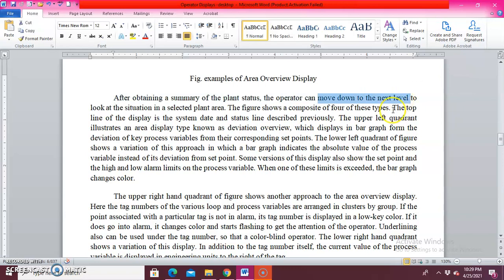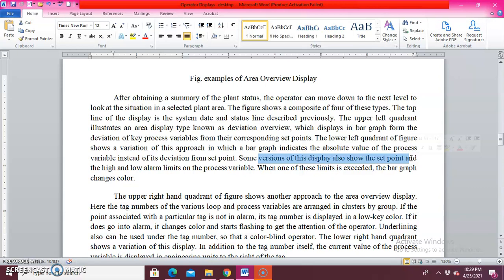These four types: the top line of the display gives you the date and status line, then the upper left quadrant gives you the deviation. If there is any deviation, you are able to identify it. If there are variations, then automatically he will get into the tuning process.